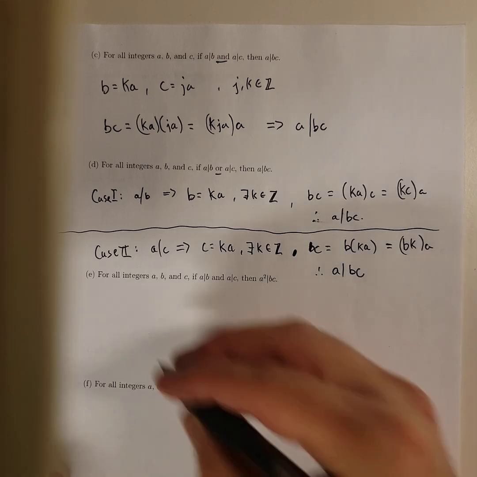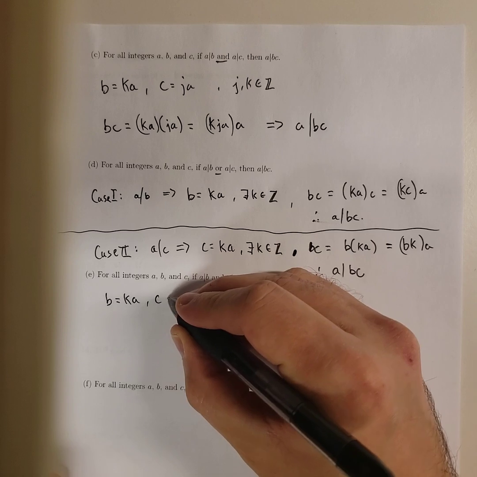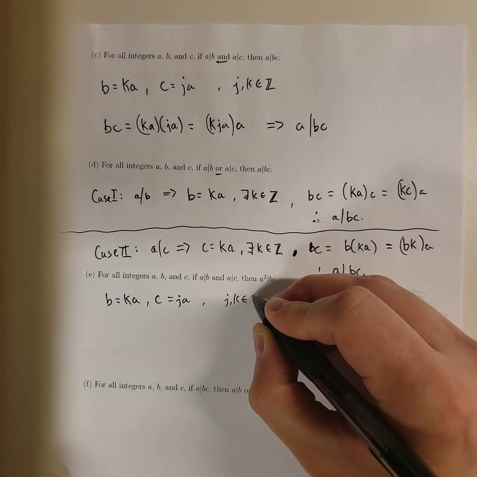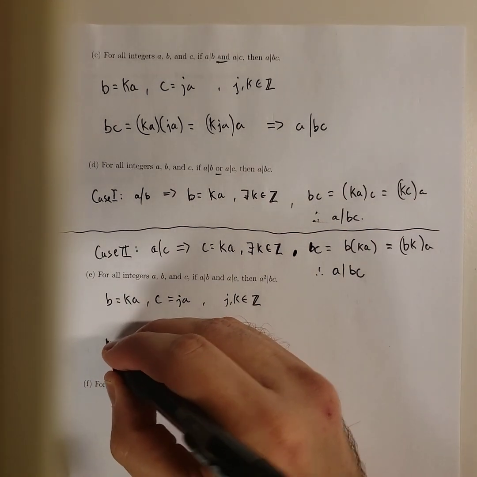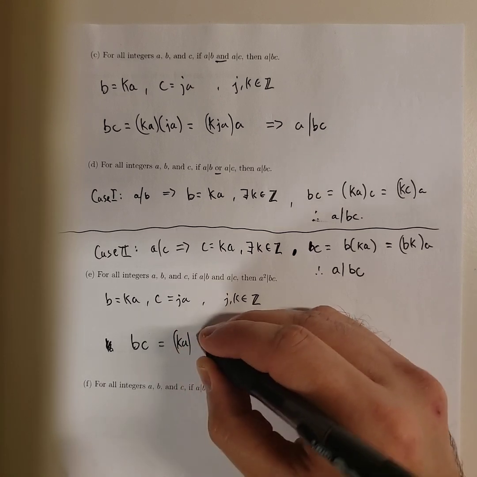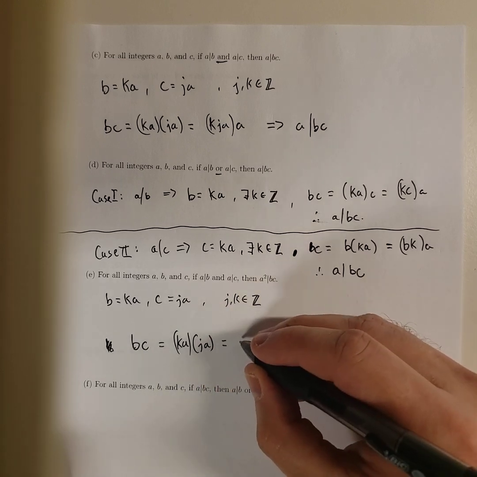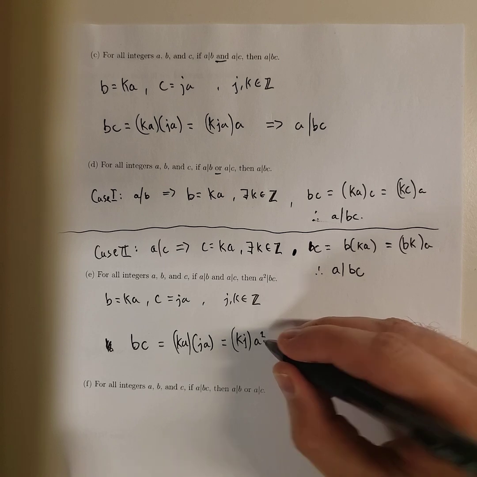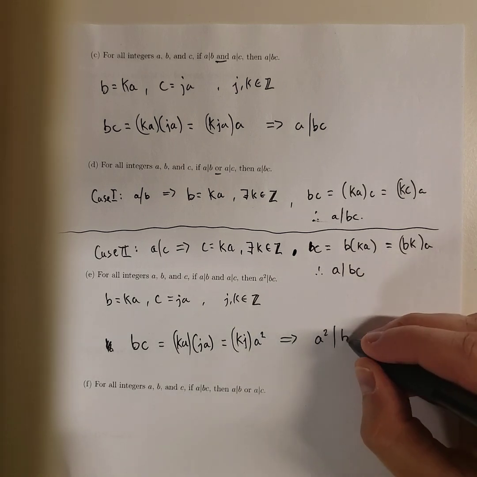And the proof is essentially the same. We have B is a multiple of A, C is a multiple of A for J, K as integers, and then BC is KA times JA. But this time we want to completely pull out the A squared, so it's JK, or KJ, either way, times A squared. So that does mean A squared does divide BC.